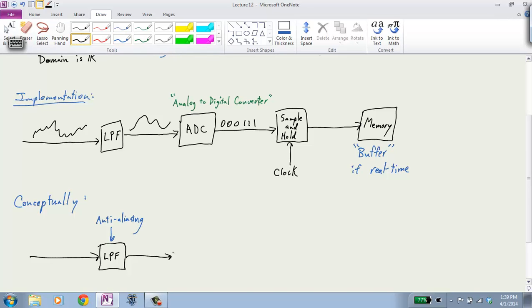Okay, we have our sampler here, which is just inside this. This is just a multiplication with an impulse train. I should write that box bigger.